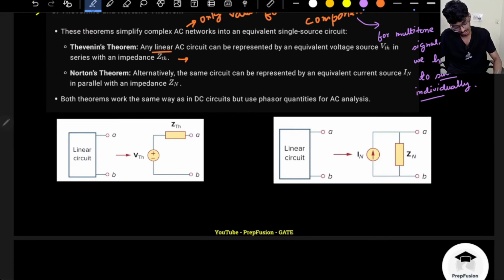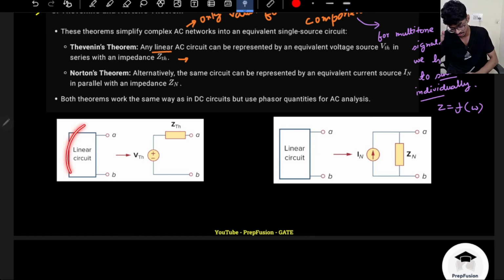Why? Because your impedance will be a function of omega. Resistance is not a function of omega, but capacitive reactance and inductive reactance are: XL equals omega L, XC equals 1 by omega C. So if your omega changes, the impedance will change, the Thevenin's impedance will change, and the open circuit voltage will also change. So you will find the individual open circuit voltage and the individual Thevenin's impedance, and for that particular frequency you will find the current. Ultimately you will repeat this process for the different frequency components, and at the end you will write the overall result using the superposition theorem.